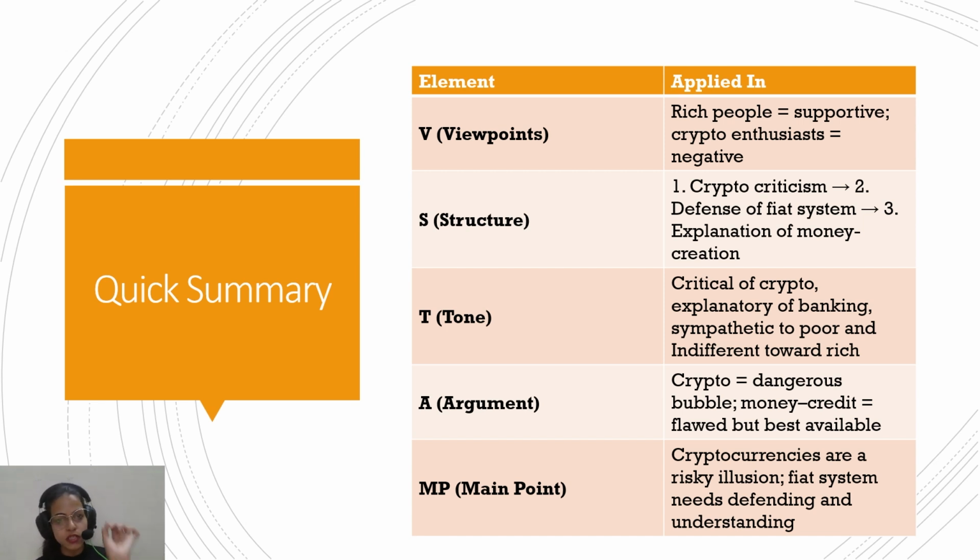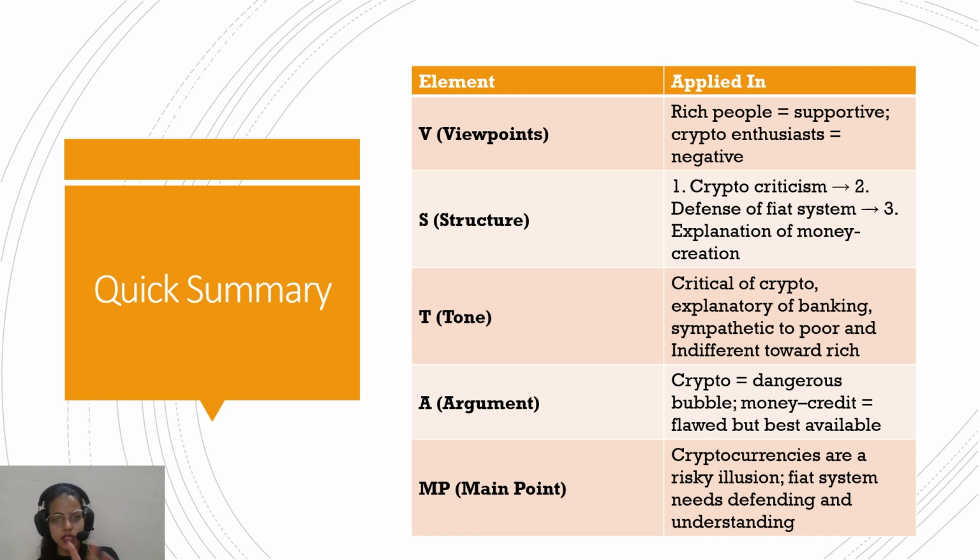Then the tone of the passage is very much evident from the first line. It is critical of cryptocurrency. It is explanatory of the banking system. It is sympathetic to the poor. It is indifferent towards the rich. So these tonalities are very much evident in the passage. Then the argument: crypto is dangerous. It can cause a bubble. The current money credit system is flawed, but the best available option. The main point of the whole passage is that cryptocurrencies are a risky illusion.